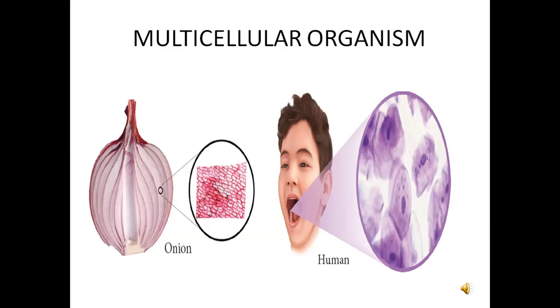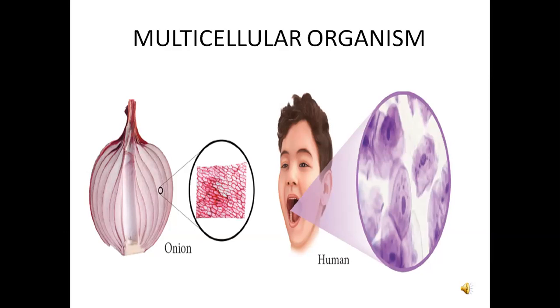You can see cells of onion and human through a microscope. Onion and man are examples of multicellular organisms. So multicellular organisms are organized into tissues, organs and organ systems.